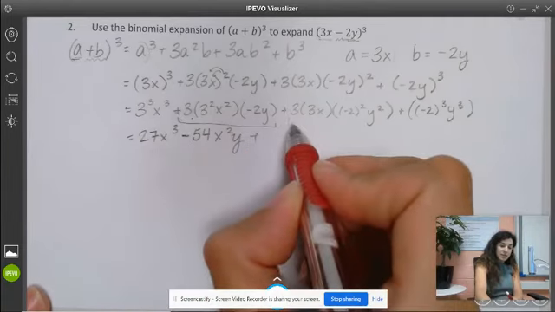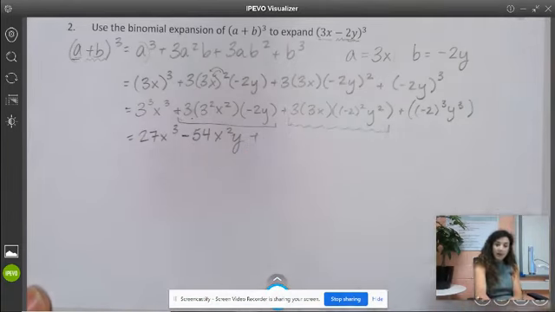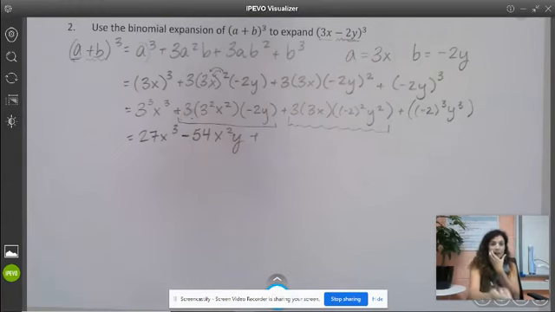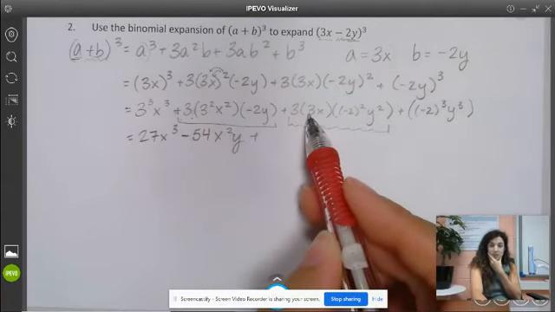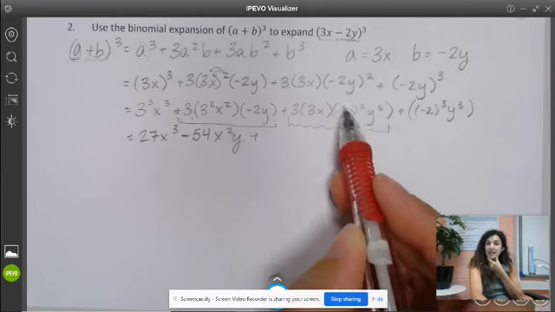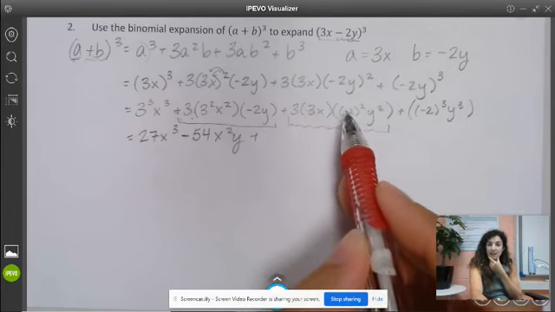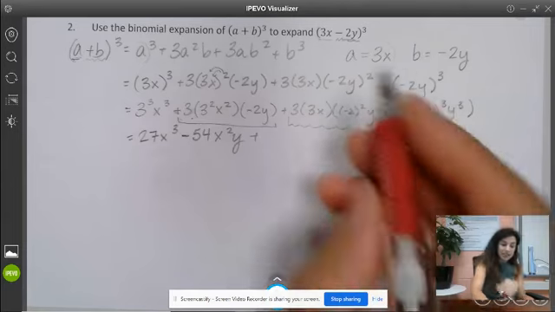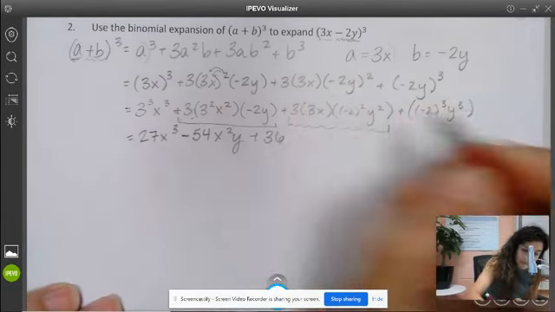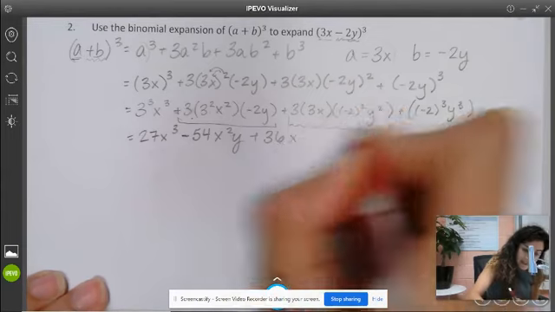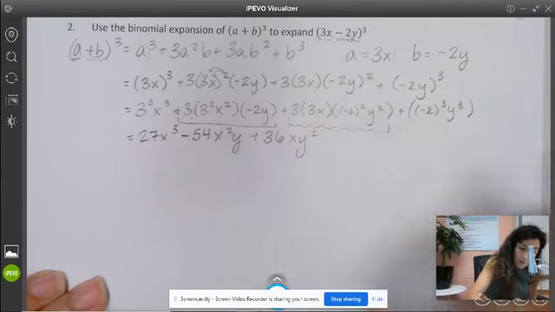Plus, and I'm going to do the same thing with this guy. I'm going to grab all my numbers and multiply them out. So that's going to be 3 times 3, which is 9. Negative 2 squared is 4. So then 9 times 4 is 36. And then I've got x and then y squared.